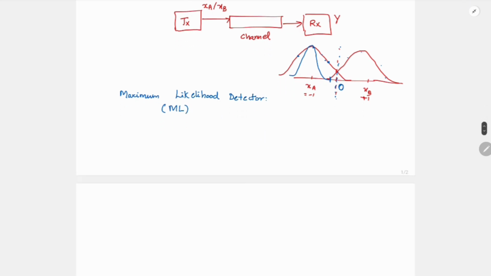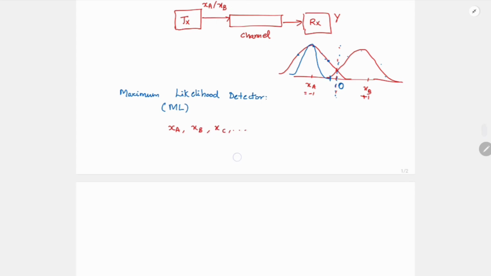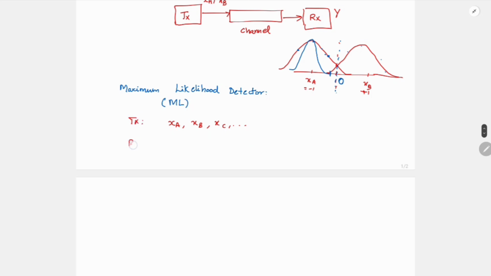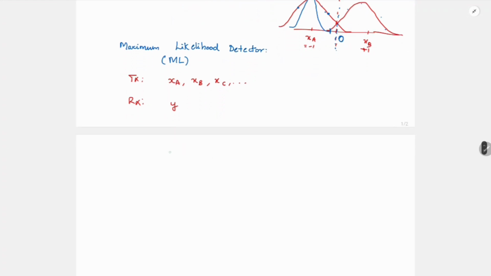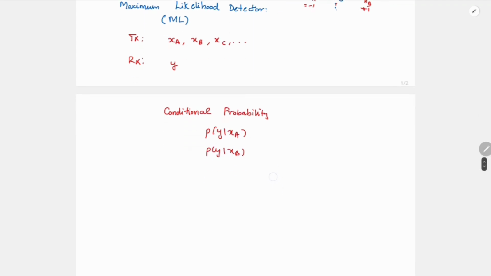In this, let's say on the transmitter side I am transmitting some XA, XB, XE, however many symbols are possible. And at the receiver side I am receiving, let's say, some Y. Now I will see the conditional probability of Y given XA, Y given XB, Y given XE and so on.